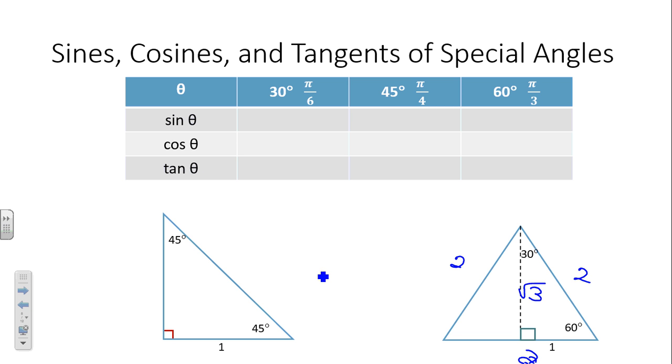So the sine of a 30-degree angle means start at the 30 and tell me what the opposite over the hypotenuse is. 1 over 2. That's why we get 1/2. The sine of 60 degrees is going to be opposite over hypotenuse again, square root of 3 over 2.